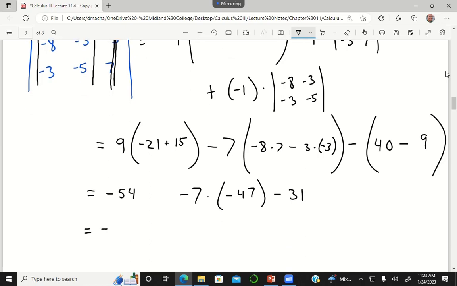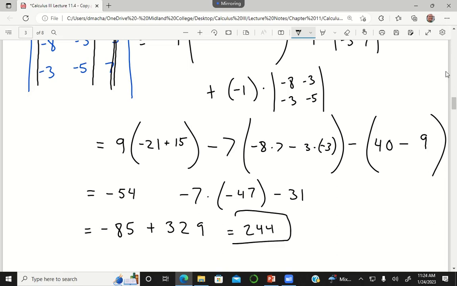So that's going to be minus 85 plus 7 times 47 is 329, yeah. And that is 330 minus 80 would be 250. So 244.